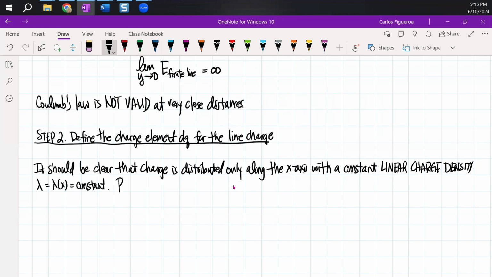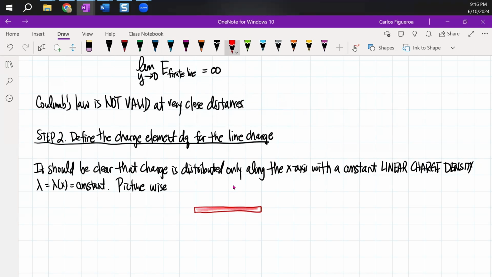So picture-wise, I see a line, and it has to be symmetric.